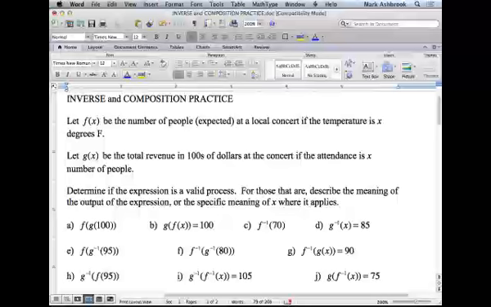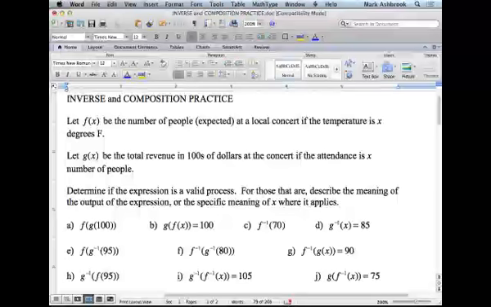F through J is where it gets challenging. Okay, we'll motor through as many as we can.